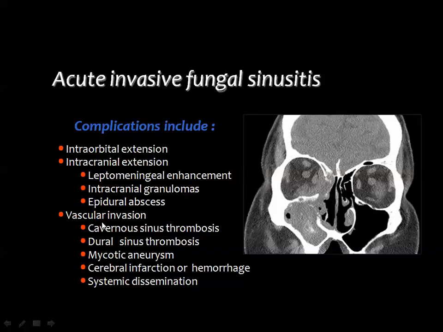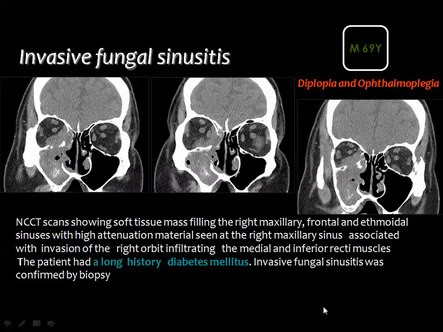Vascular invasion, especially the cavernous sinus, may lead to thrombosis, or the dural sinuses may also be thrombosed. The weakening of the arterial wall may lead to mycotic aneurysm, and thrombosis may lead to infarction or hemorrhage due to the dural sinus thrombosis, and also systemic dissemination.